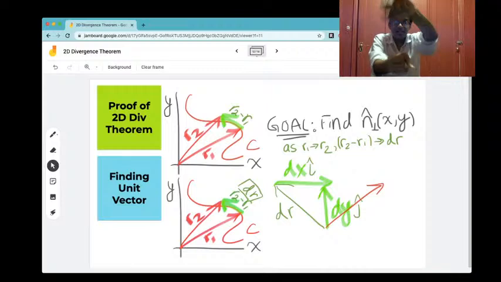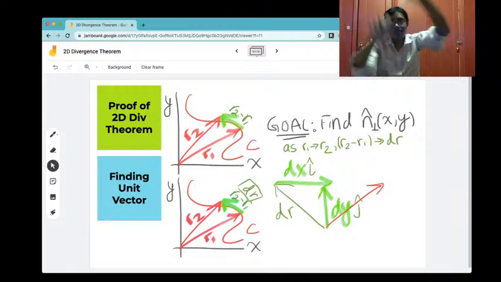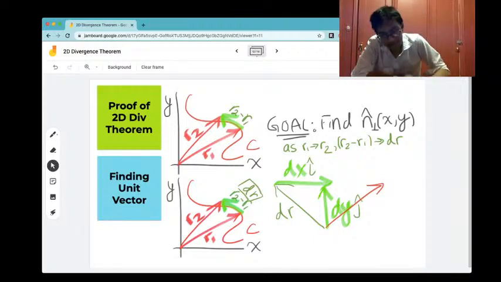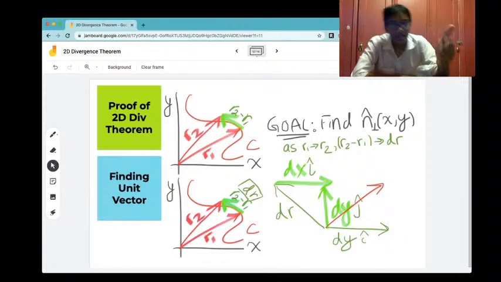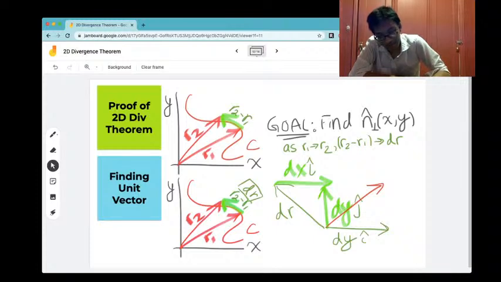I can take dy, and instead of making it go in the direction of j hat, I can make it go in the direction of i hat. So simply put, I can make dy go in this direction. Okay, and that I'm gonna denote as dy i hat, right? And now I'm gonna apply the same thing to dx. But notice that dx, of course, I actually messed up my vector right here. That should have been in the other direction, because heads to tails, right?